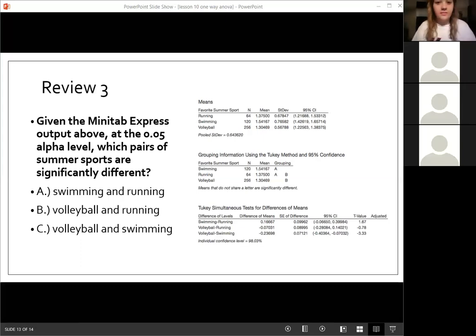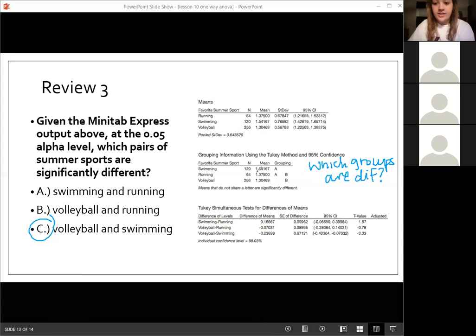Yay, great job. So our answer here absolutely would be C. So if we look at this, we're looking at the different groupings from our Tukey method post-hoc test, because remember our post-hoc test is basically asking which specific groups are different, after we figure out that they are different.